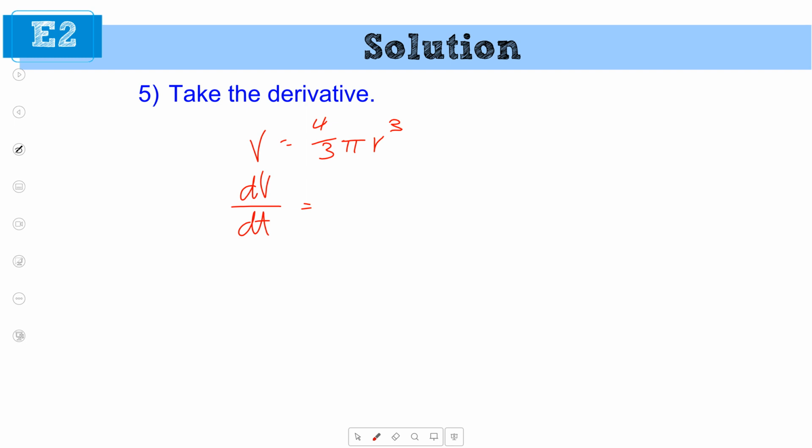What's the derivative of 4/3 pi r cubed? 4 pi r squared. 12 over 3 pi r squared.